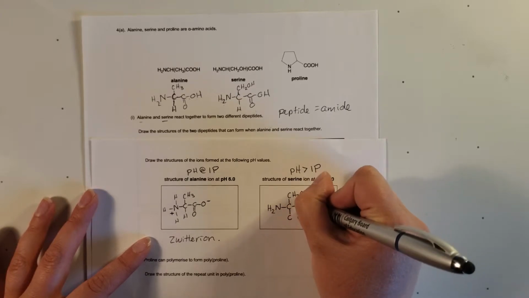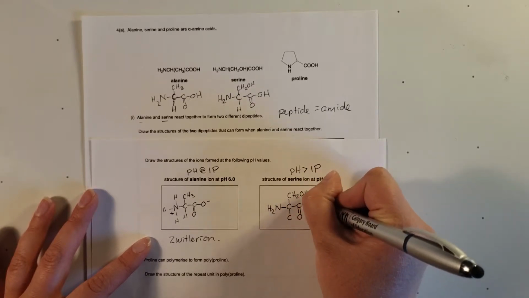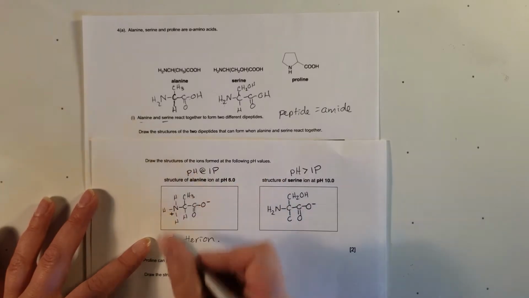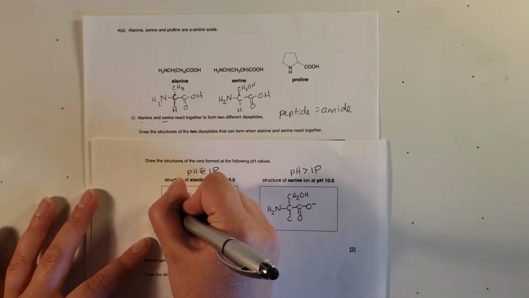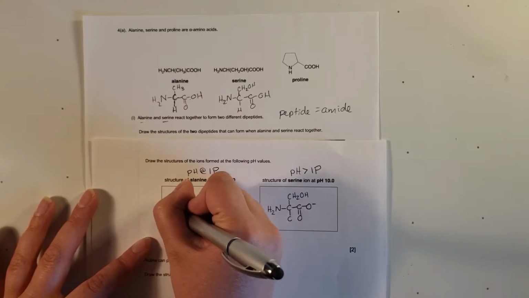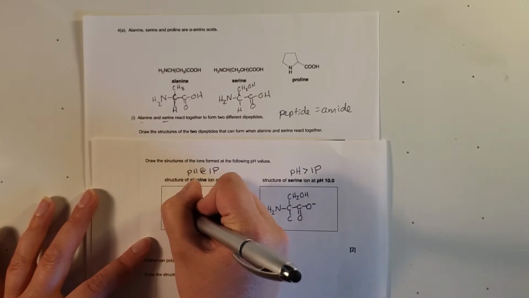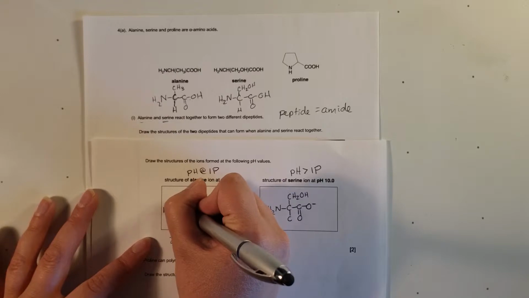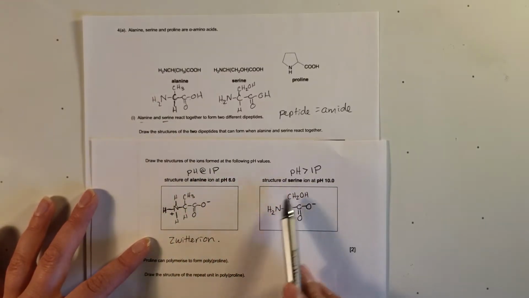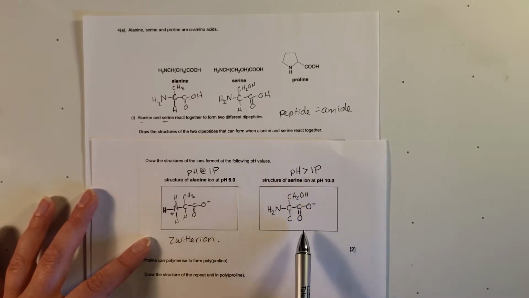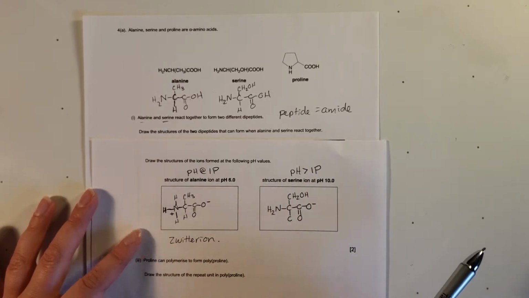You don't want it to be ambiguous. Like this actually is a little bit ambiguous. That hydrogen's drawn really far away. Okay, so you want nice clear bonds from one atom to another. All right, so that's our serine ion at a pH of 10, where we have that negative charge.